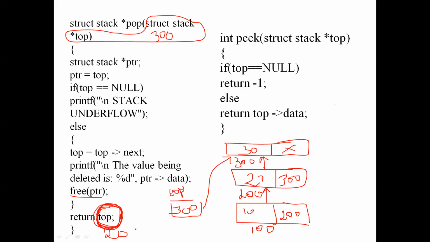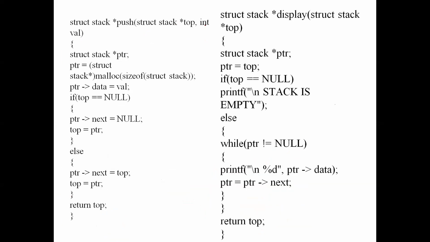Where is the 200 stored? 200 is nothing but an address. That's why you are storing it in top. And top is what data type? Struct stack star. That's why the return type is made like that.